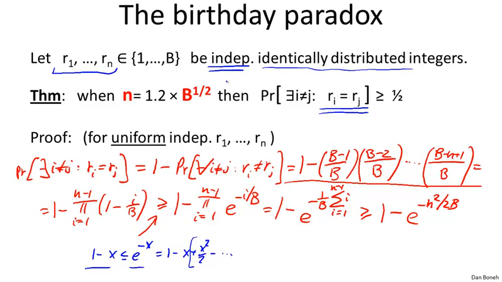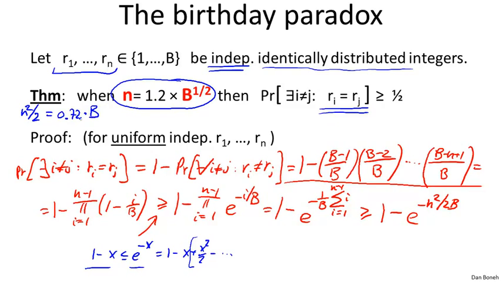Very good. Now, what do we know about n squared over 2b? Well, we can derive exactly what n squared over 2b is from the relationship here. Let's look at n squared over 2. Well, n squared over 2 is 1.2 squared over 2. 1.2 squared is 1.44, divided by 2 is 0.72, times the square root of b squared, which is b.